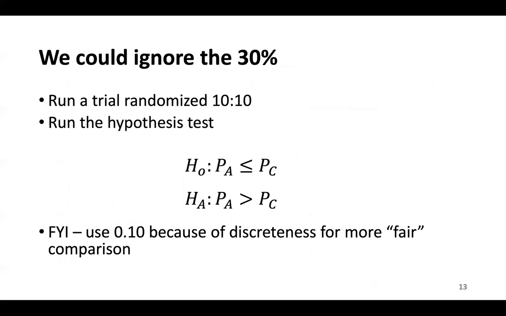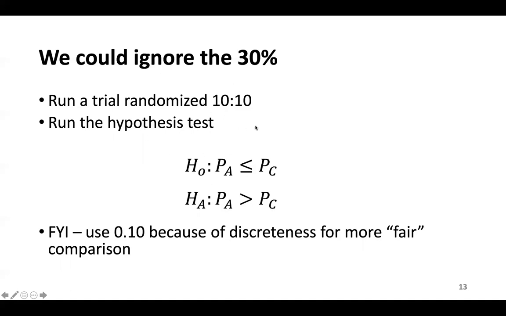Now, if that's a concern, we could take those same 20 patients and ignore the previous data. We're running a new trial and only data from the new trial is going into it. As I described, we can instead compare the probability of success on A to the probability of success on C in this trial.